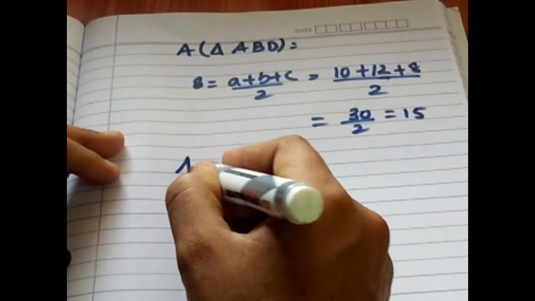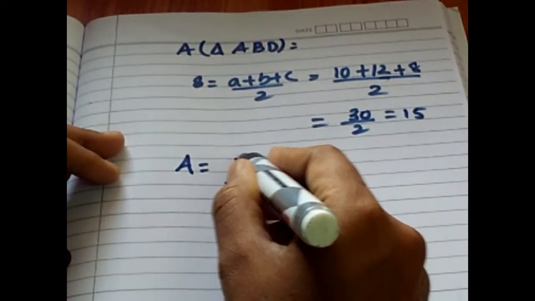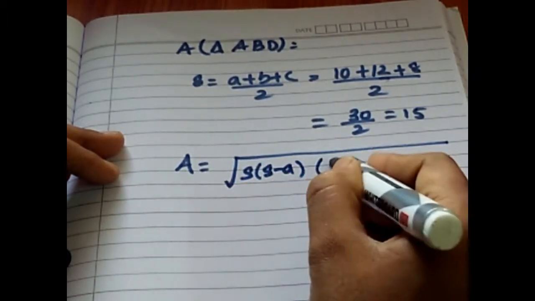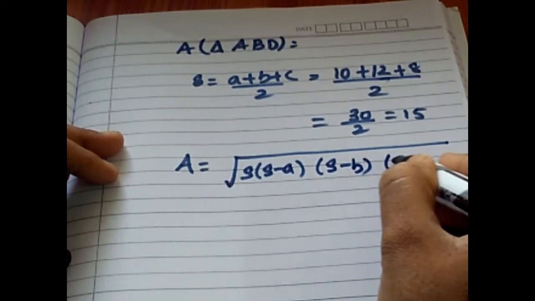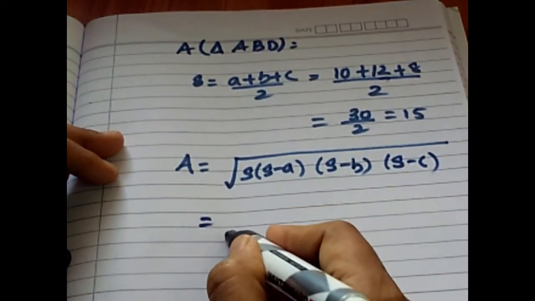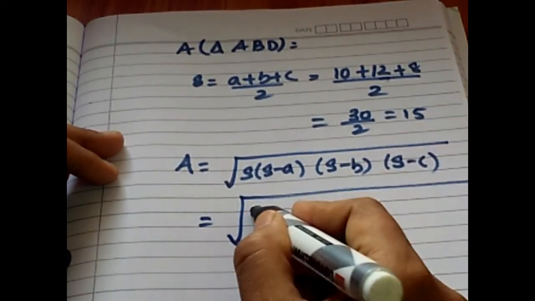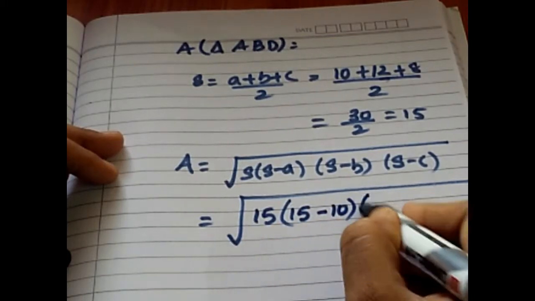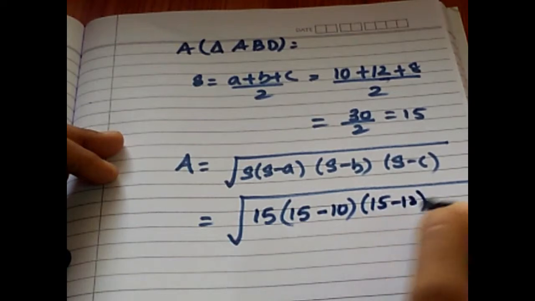So what Heron's formula says: area is square root of S into S minus A into S minus B into S minus C. So the semi-perimeter is 15. One side is 15 minus 10. The other side is 12. The other side is 8.